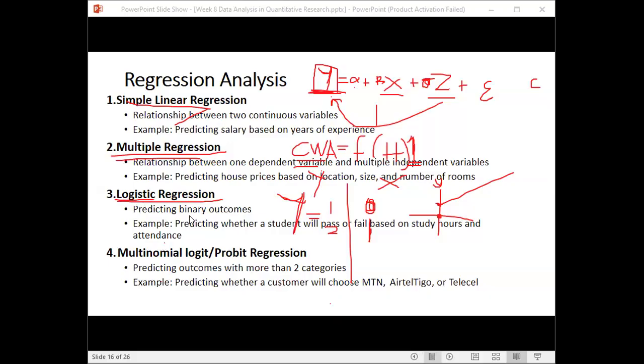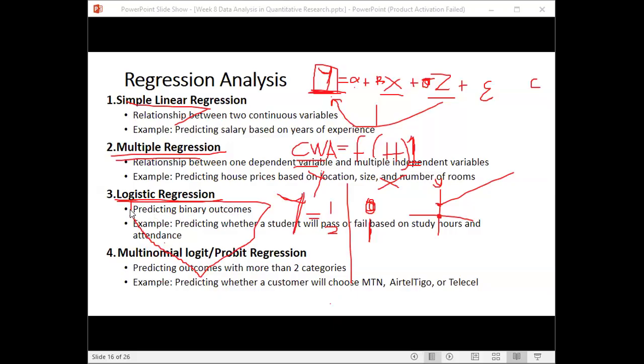So anytime you hear logistic regression, it's just saying that you are predicting a binary outcome. It's just two: yes and no, absent, present, married, not married, working, not working.